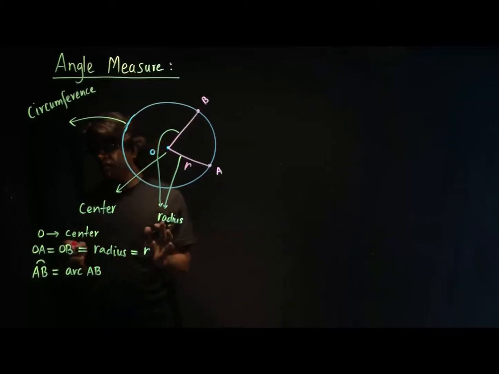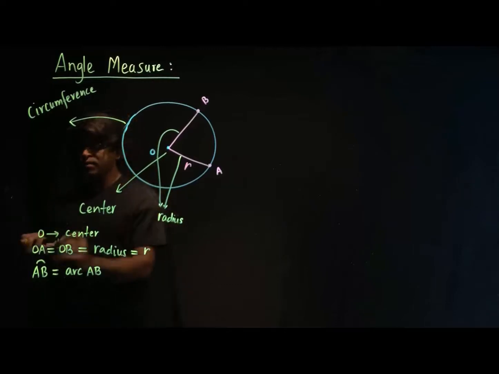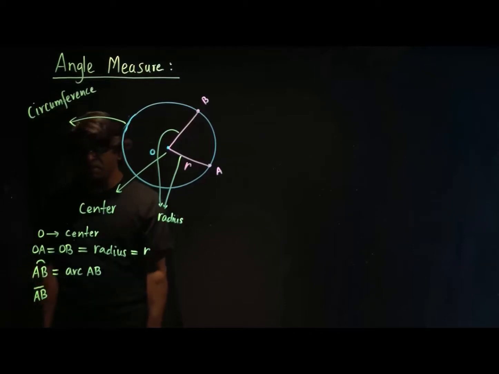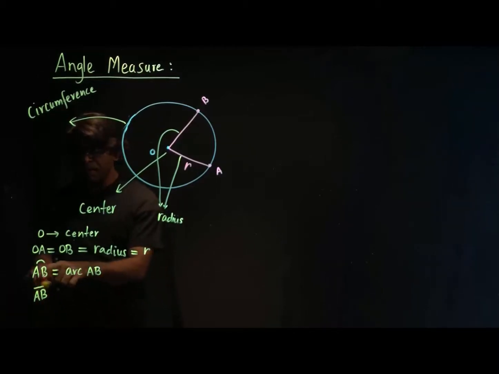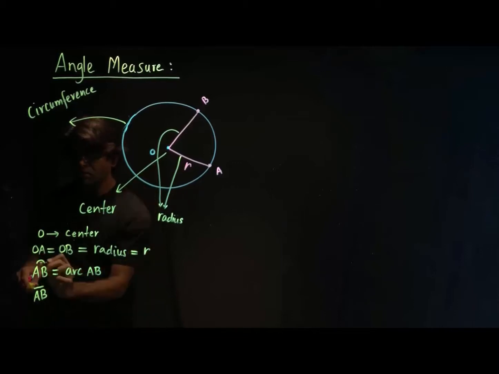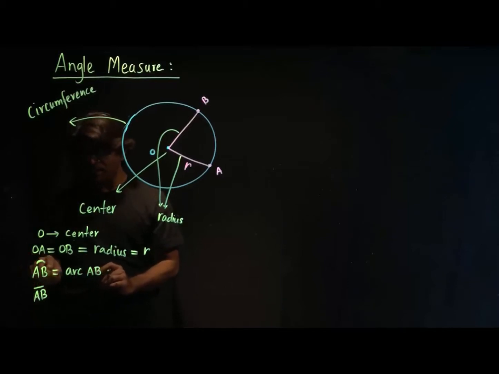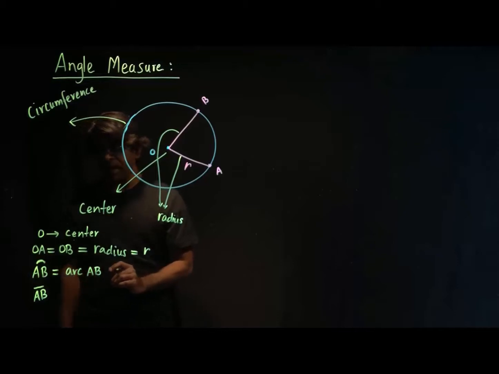So don't get confused with a line, because when we mean line segment AB, I will write AB and a straight line at the top. But when I'm writing arc, I make a curve at the top. So the difference between the line segment and the arc is this symbol. If I have this symbol, I will read it as arc.